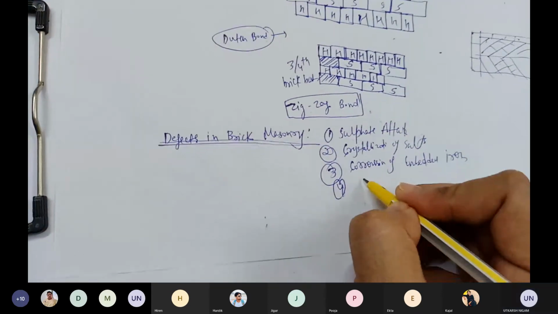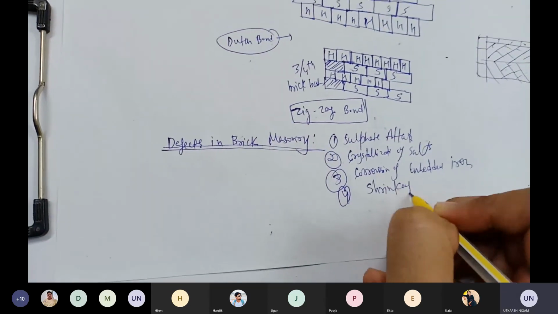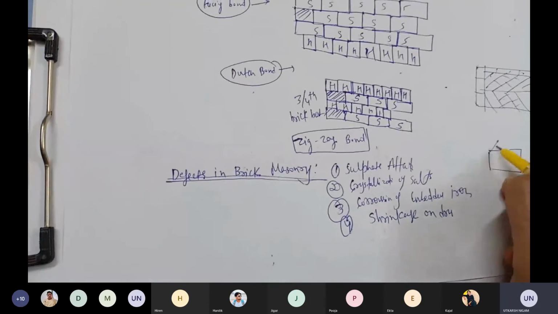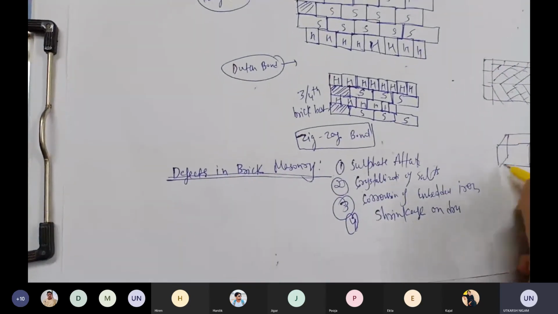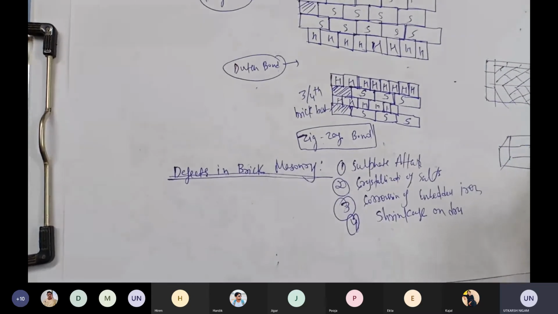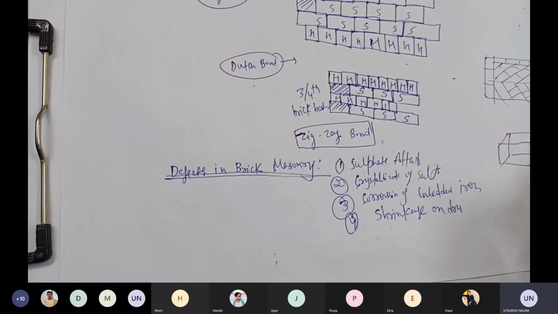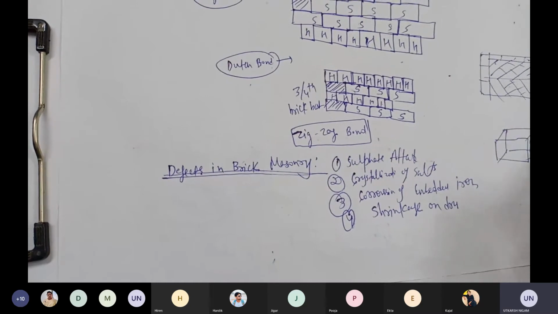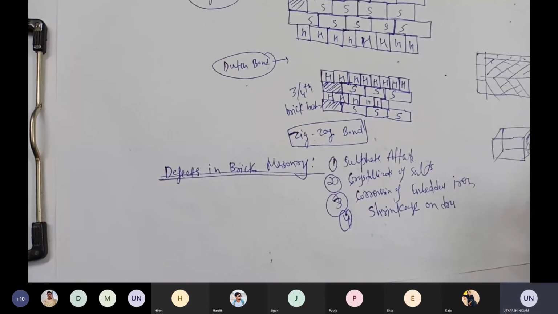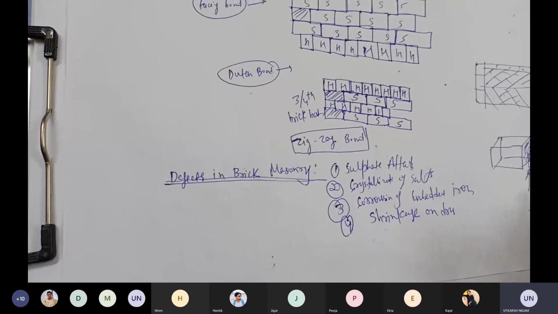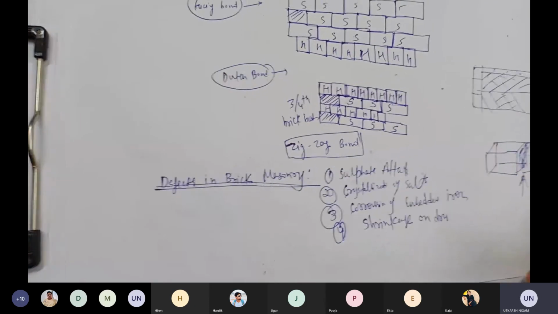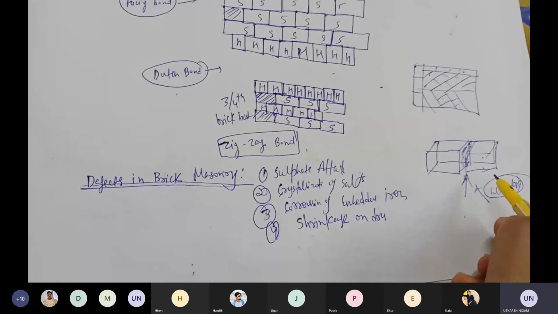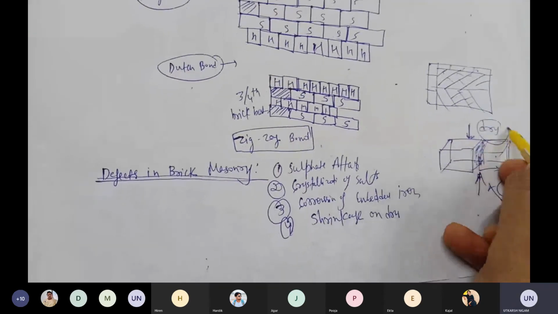Then shrinkage on drying. What does shrinkage mean? For example, this brick is there. What we will do, we will use some mortar and attach one more brick nearby it. So these two bricks are there. We will do some watering for some time, and after watering, it will get dry after some time.